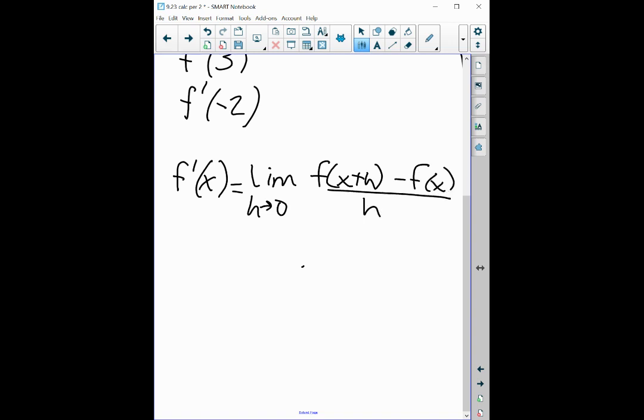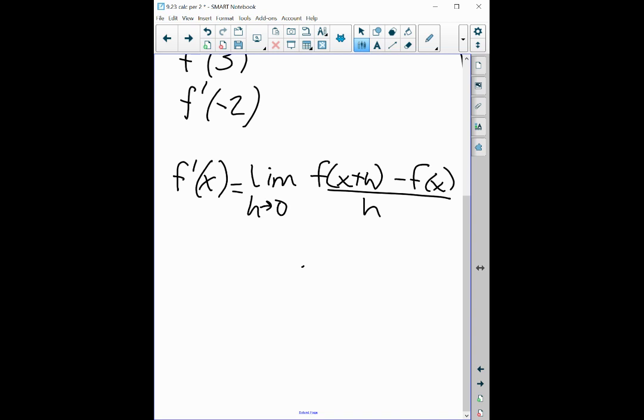If I generalize the derivative definition to be in terms of x instead of a, this limit process gives me an expression that calculates the slope at any point for a given function f of x.